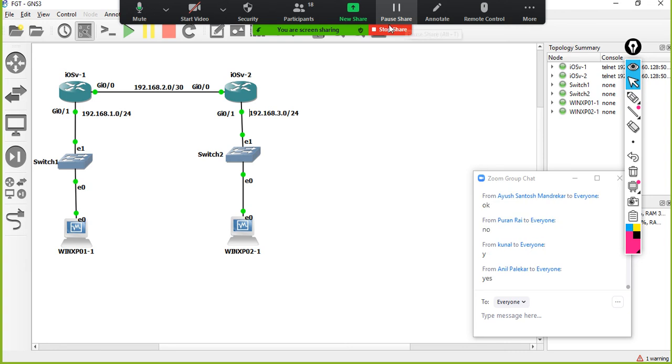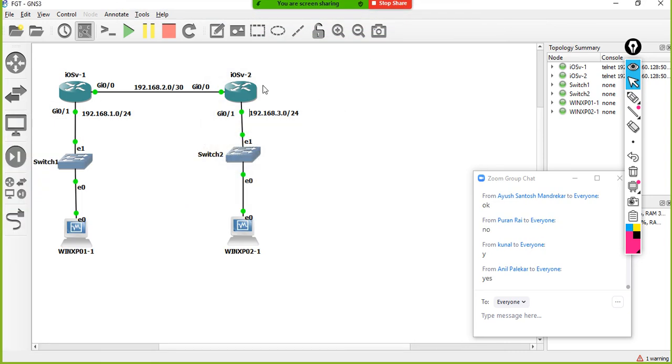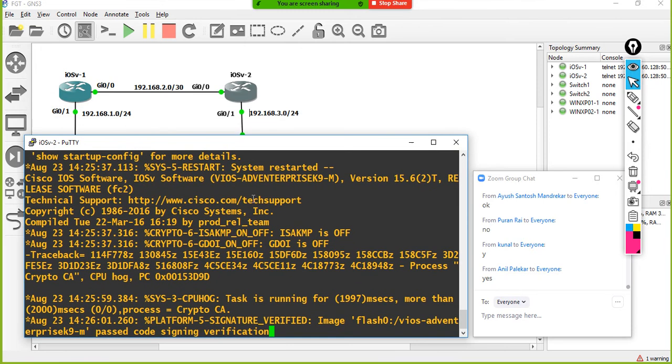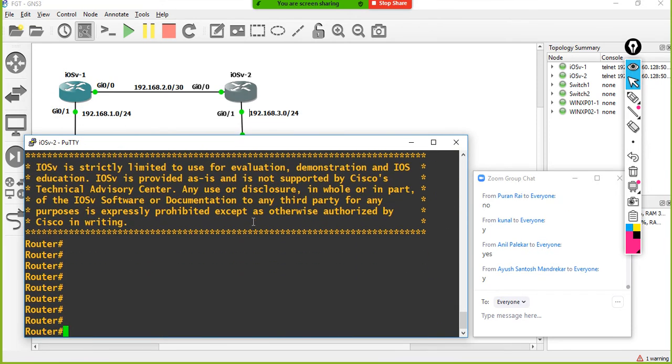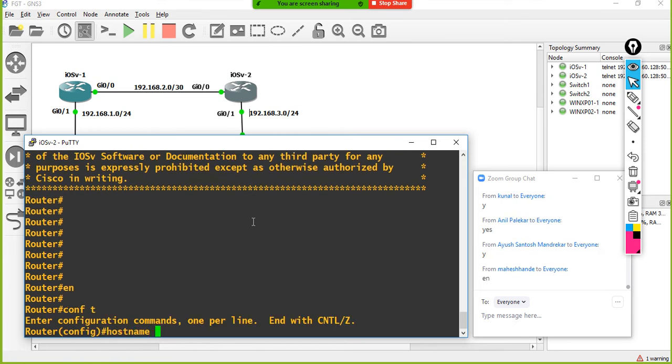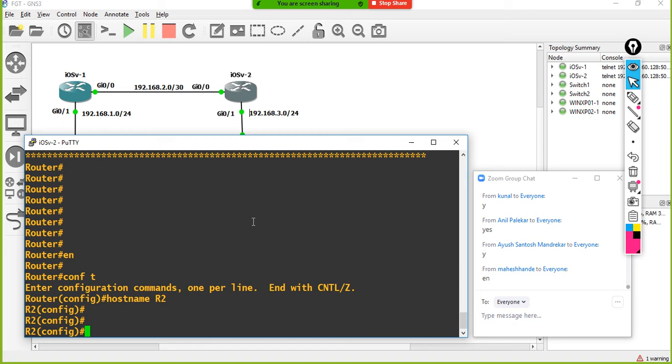Now we are going to router 2. Let's see here. I'm going to configure this. So what is the first thing we are going to do now? Enable, conf t, hostname, then I can say this is my router 2.